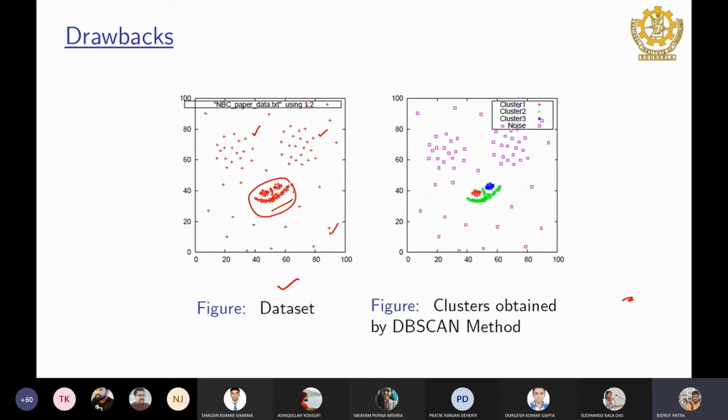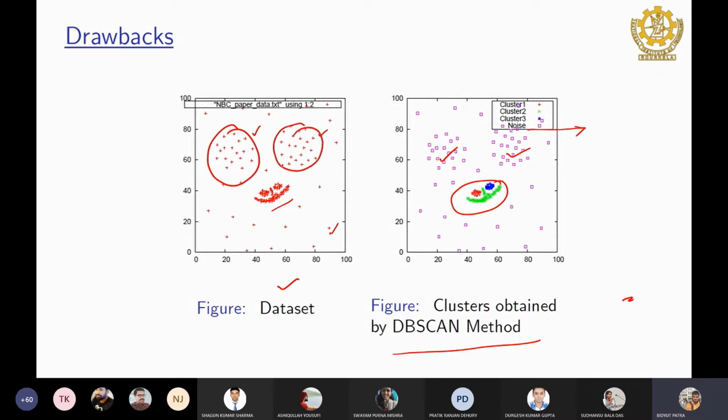Now if we apply the DBSCAN clustering approach on this data set, these points will be considered as noisy points. You can see the legend. So these are the noisy points here, and we can find 3 clusters from here. Say this is one cluster, this is another cluster, and these 3 clusters will combine into one.